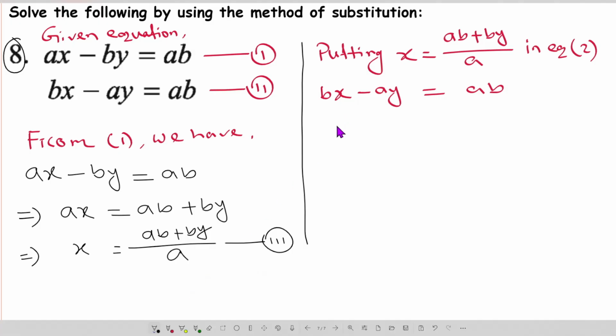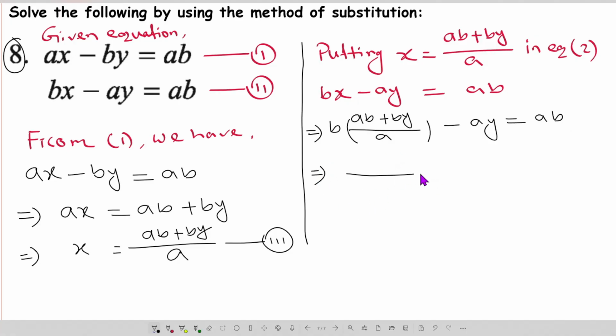Now here is b times x, which means (ab plus by) divided by a, right? And here minus ay equals ab. Then we can make an LCM. LCM is a. So here is ab square plus b square y minus a square y equals ab, right?